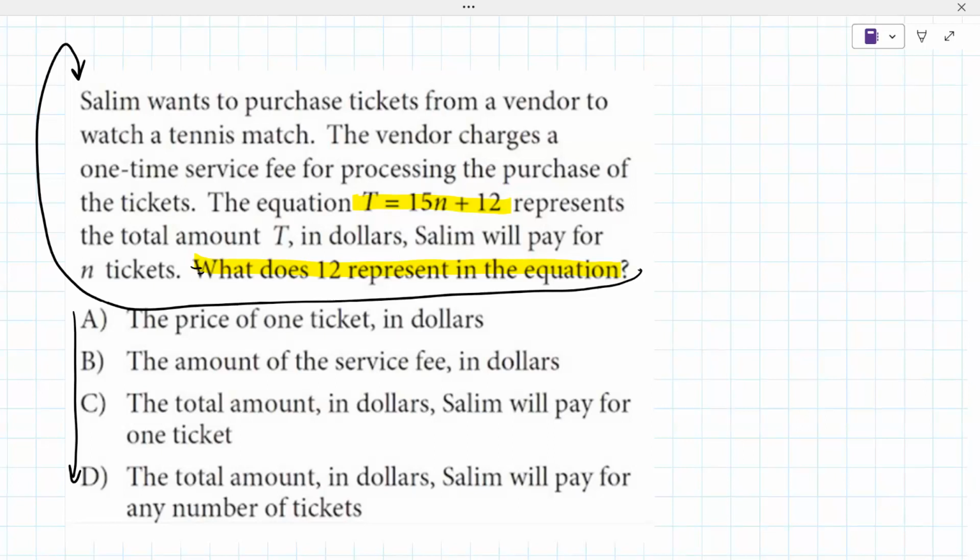The y-axis. Yeah, but that's not here. Okay, well, that's right. It is that, and $12. Which of these maybe says that?